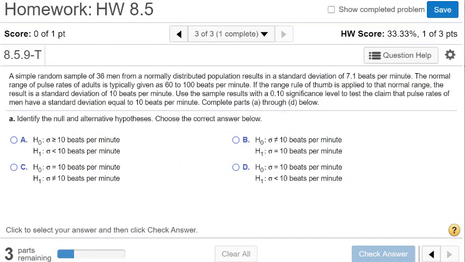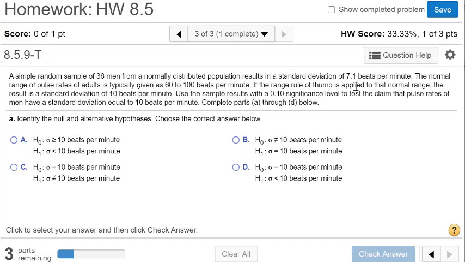In this video we will take a look at a homework problem from section 8.5. It says that a simple random sample of 36 men from a normally distributed population results in a standard deviation of 7.1 beats per minute. The normal range of pulse rates of adults is typically given as between 60 to 100 beats per minute.